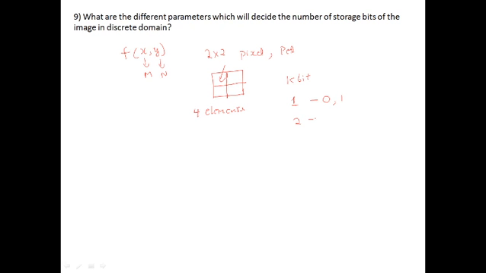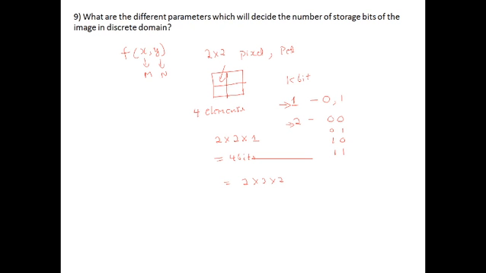Similarly, if there are 2 bits instead of 1 bit, we use 2 rows, 2 columns into 2 bits, which would be how much? 8 bits of information.